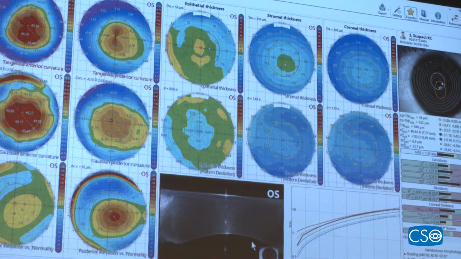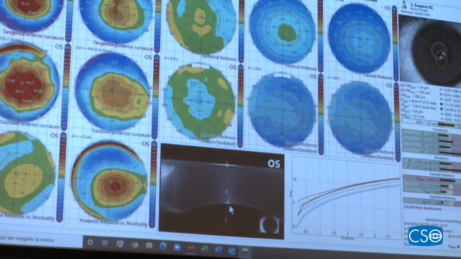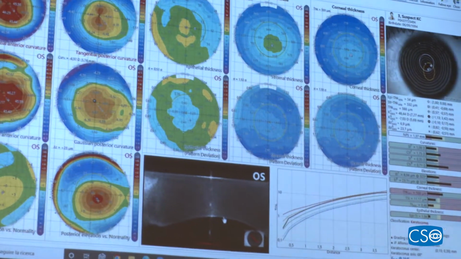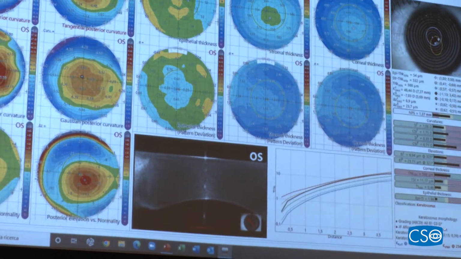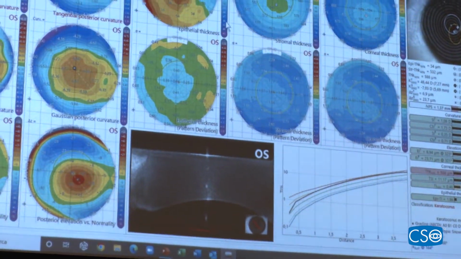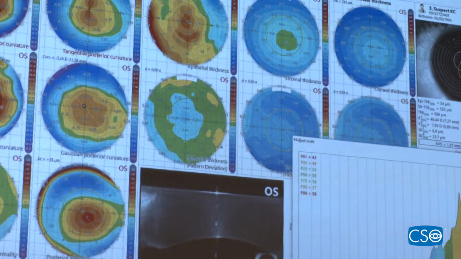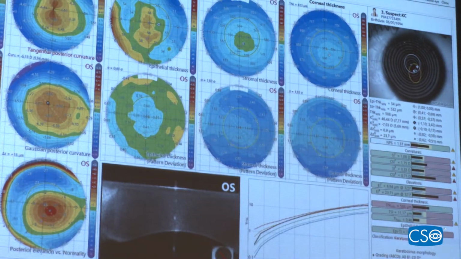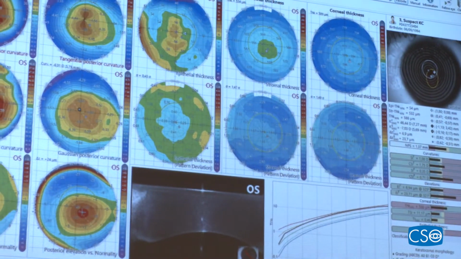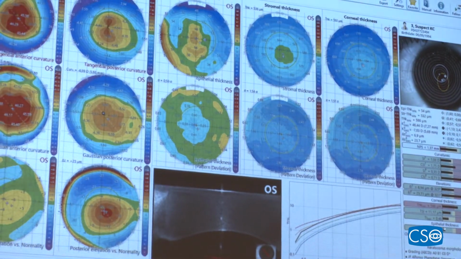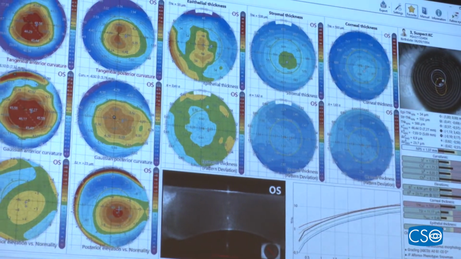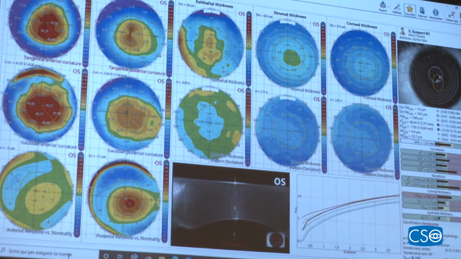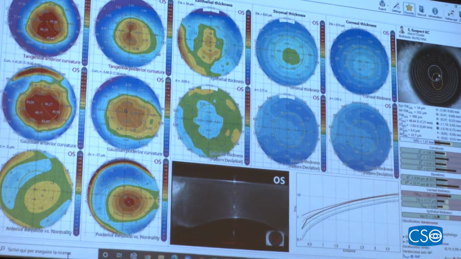Because the axis, if we look at the axis here, I don't really see an elevation visible. And when I look at the epithelial map normalized, and I adjust the scale, and I put my cursor on the cone, and I look at the location on the epithelium, I don't see a lock and key fit between the epithelium and the back surface elevation.